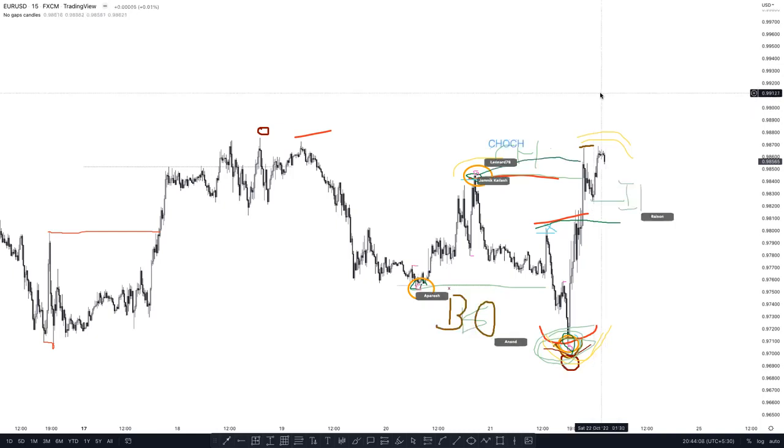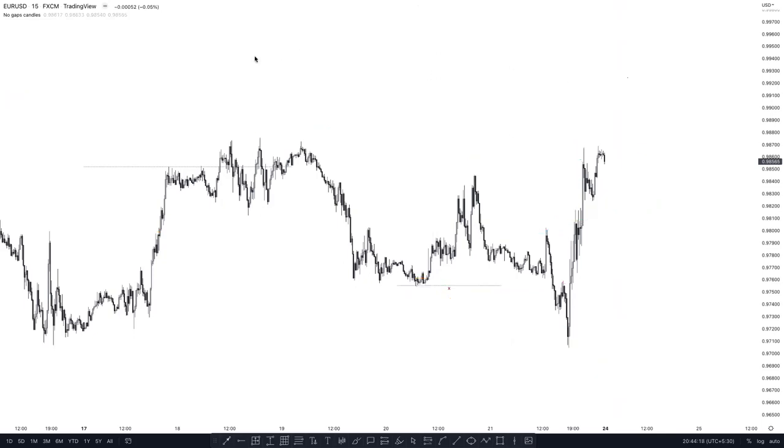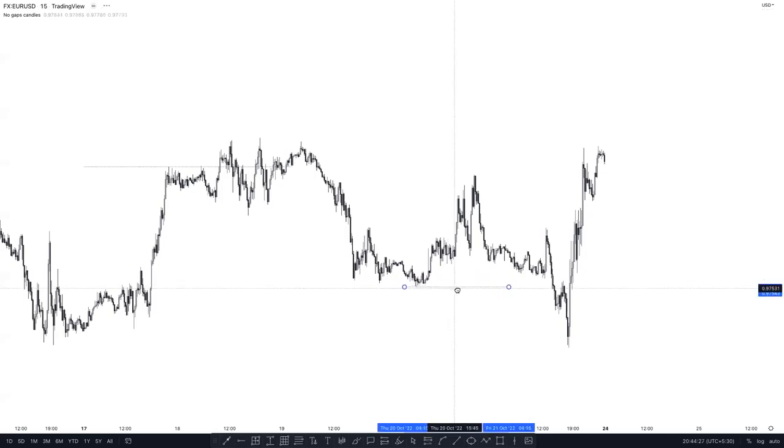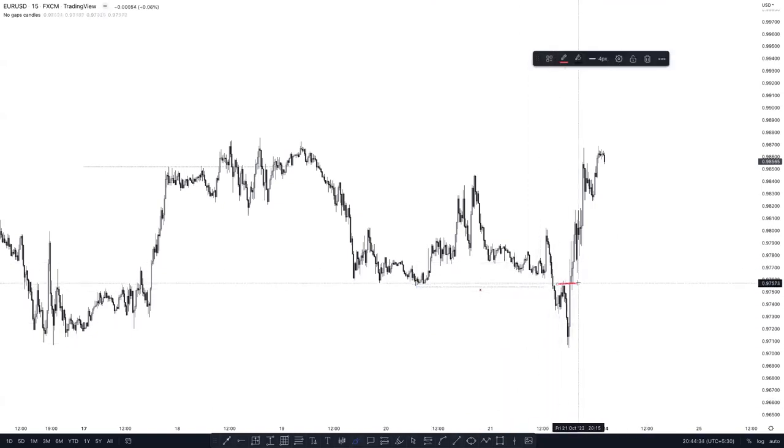In this case, what happened here? When the market sweeps the previous high or low, which acts like liquidity and is also known as a liquidity sweep, the market then breaks the first low or high, which is also called a change of character.